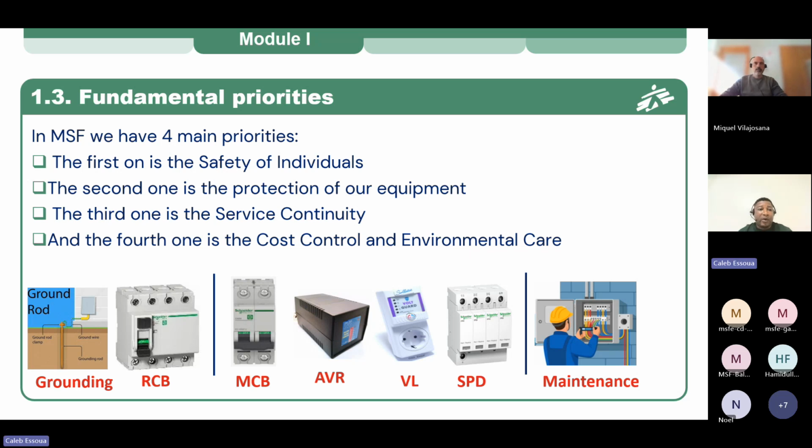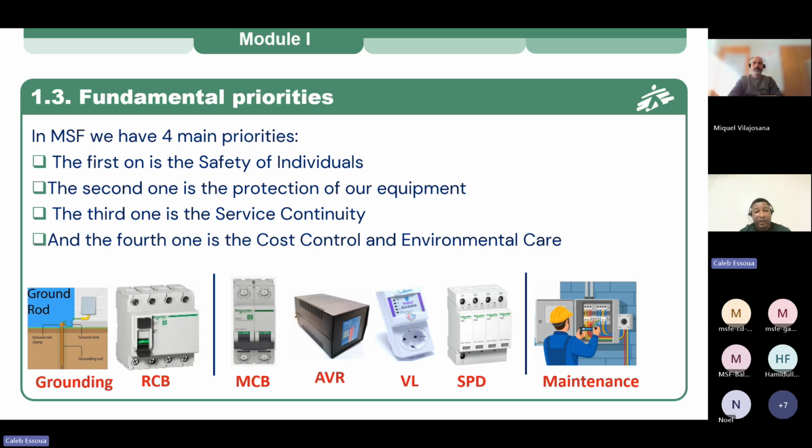And the fourth one is cost control and environmental cost. As you explained, we have to make it such that we control the costs when we do the electrical installations. And for environmental care, we also have to set up waste management in order to keep our environment clean.